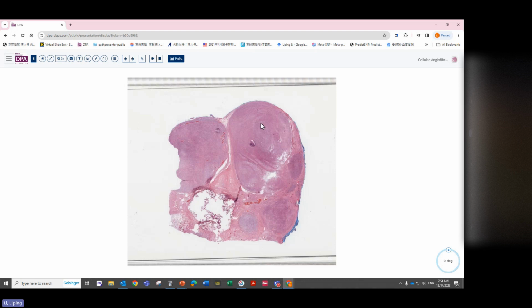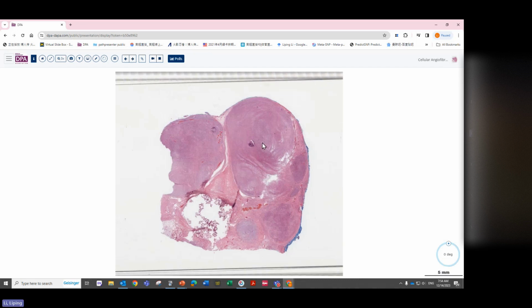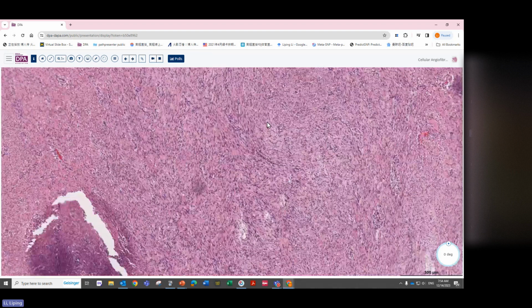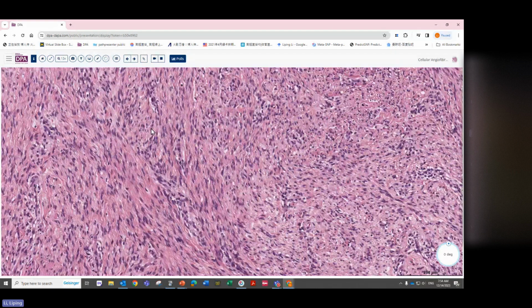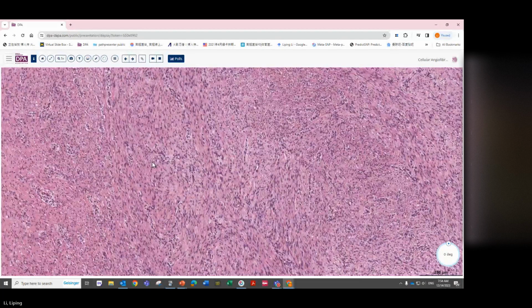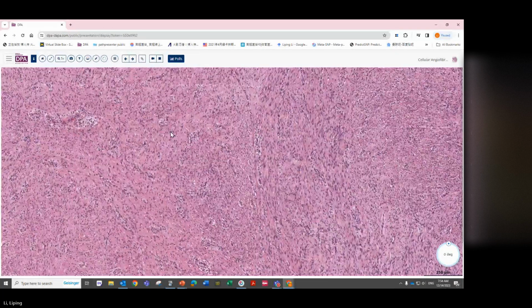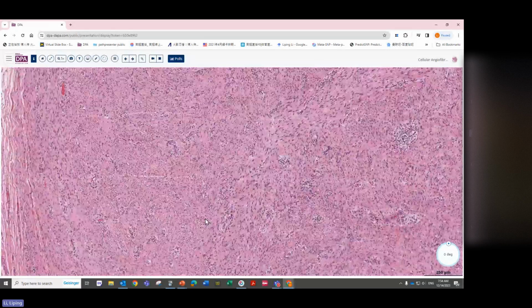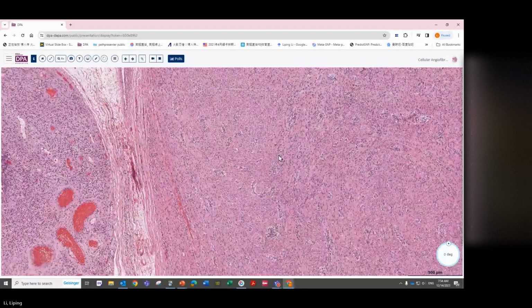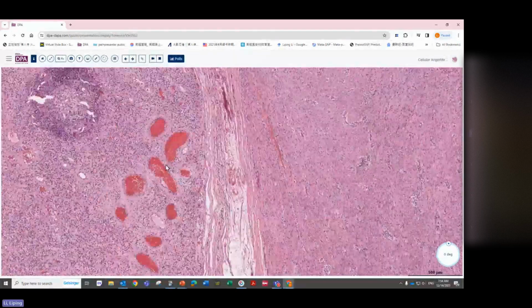In low power, we can see this multinodular, really hypercellular-looking lesion. Then we zoom in: tons of cells, these bland-looking spindle cells. Then we try to find the vessels.